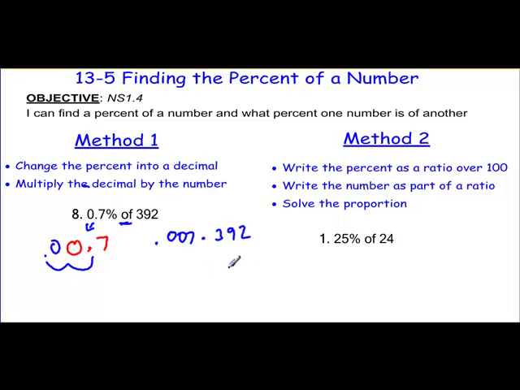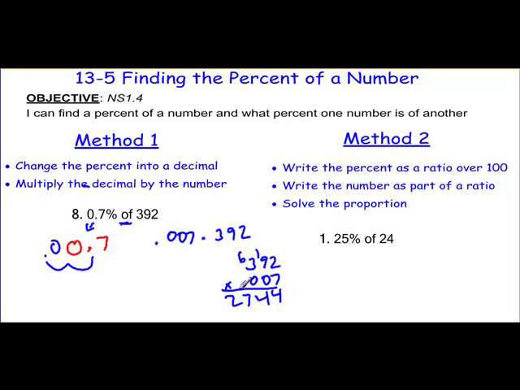So we can do that. 392 times 0.007, and 7 times 2 is 14. 7 times 9 is 63, plus 1 is 64. And 7 times 3 is 21, plus 6 is 27.